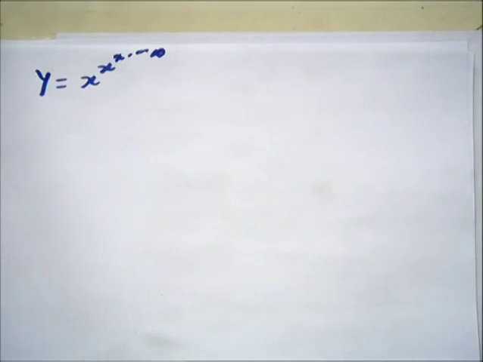Looking at it at first sight, it seems very difficult, but it is very easy if we understand it in a proper way. What exactly is the function? It is x raised to x raised to x raised to x, infinite times. Now this can be rewritten or organized in a manner that we can easily differentiate. So let us see how we can manage it.